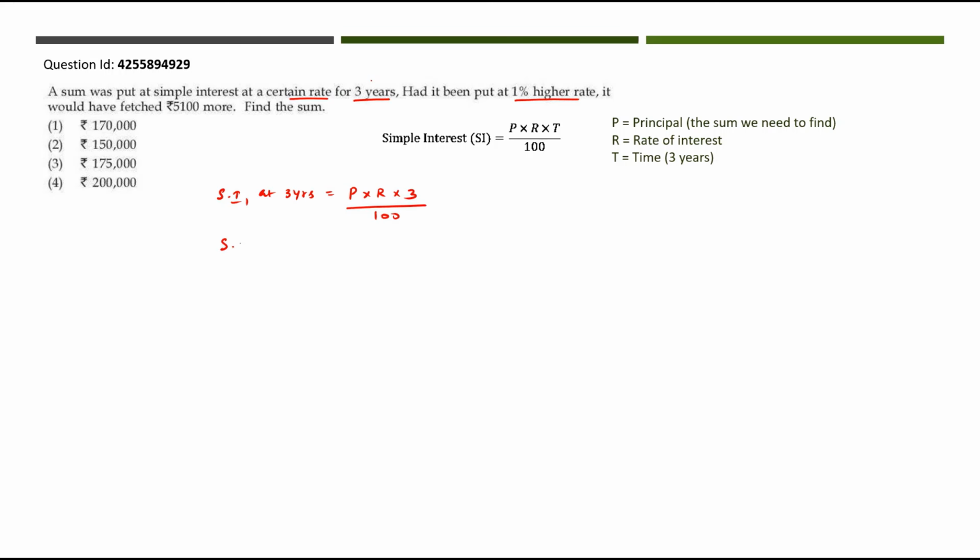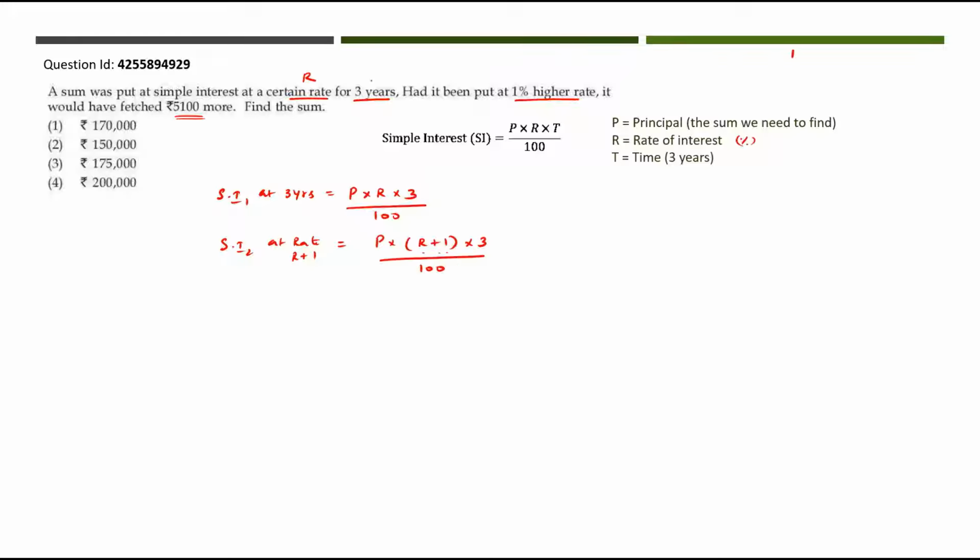Now we will have simple interest 2 at rate R plus 1%. Now this can be taken as P into the rate of interest is 1% higher. So rate of interest will always be given in the form of percentage. When it is 1% higher, we can take this to be R plus 1 and the time is again 3.